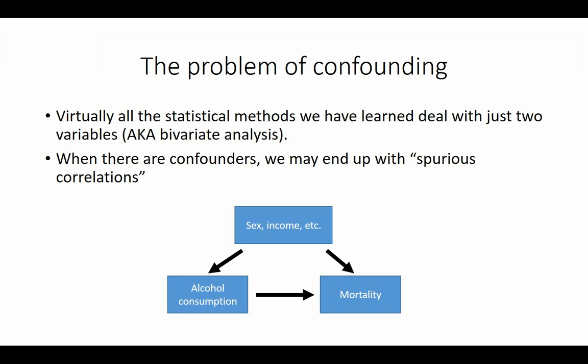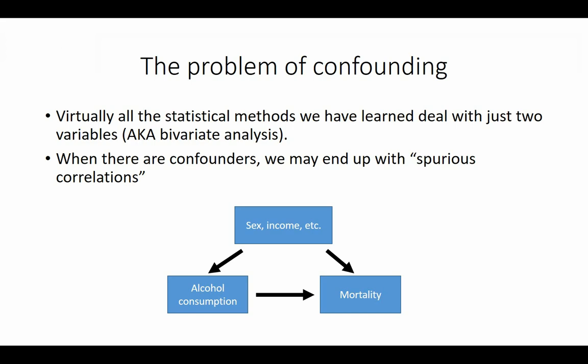But we might have this problem of confounding. So we know there are many relevant variables that could affect different individuals, which could affect both of them. For example, sex is a very important confounder almost every time that you study individuals. So we know, for example, that men tend to drink more alcohol and they tend to die younger.